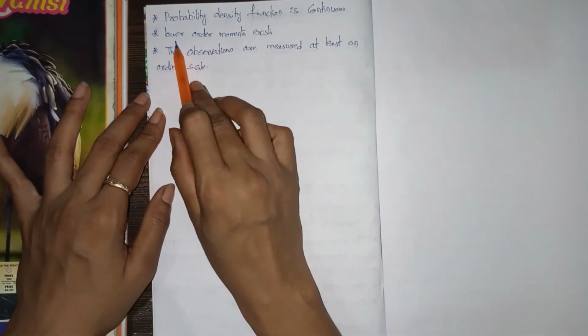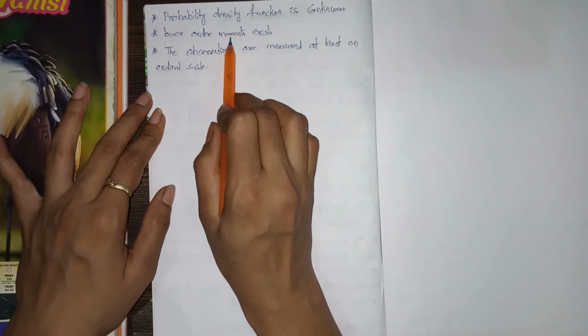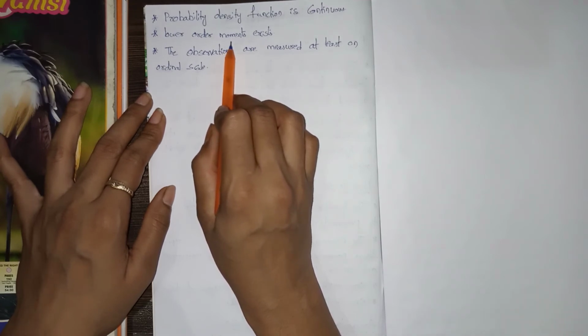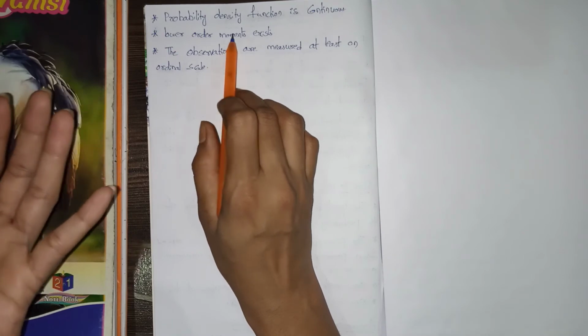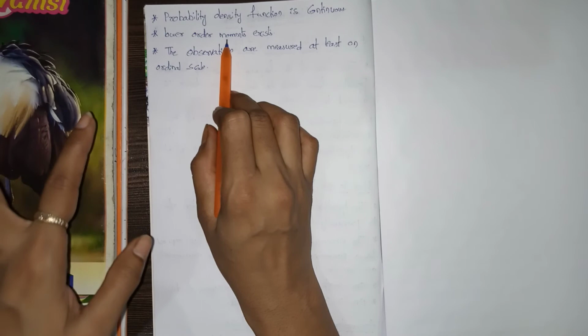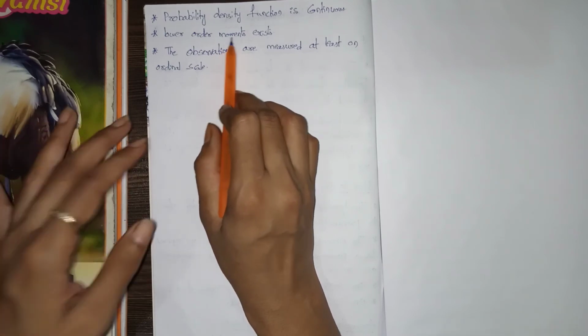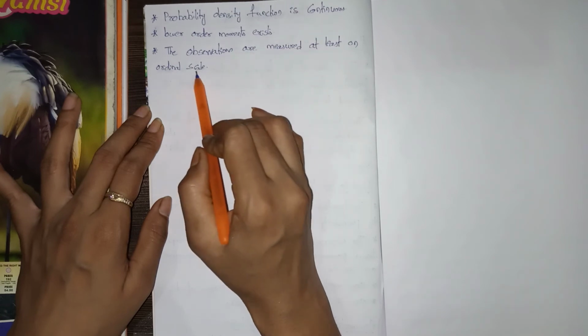And the next point is, lower order moments exist. Moments are of two types: central moments and non-central moments. So lower order moments also exist here. And the next is, the observations are measured at least on an ordinal scale.